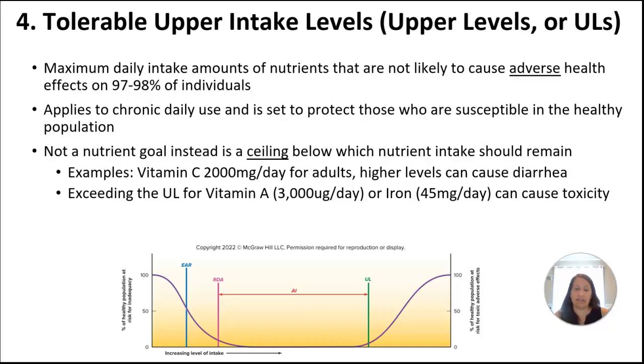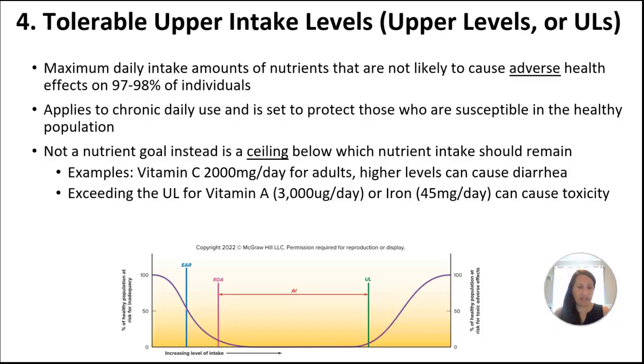But if you chronically exceed an upper limit, that's going to be bad. So it applies to chronic daily use, and it's set up to protect those who are susceptible in the healthy population. It is a ceiling that you should not go above for nutrients. So for example, vitamin C.